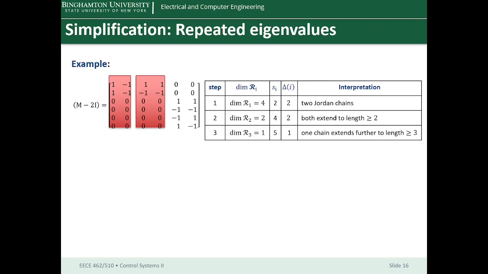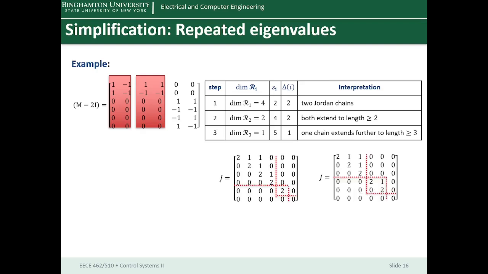By the rank nullity theorem, since the matrix is 6 by 6, the dimension of its null space, let's call it S1, is n minus 4, which in this case gives us S1 equal to 2. So the null space has dimension 2. That means the geometric multiplicity G is 2. Therefore, there are 2 linearly independent eigenvectors and consequently 2 Jordan chains or 2 Jordan blocks corresponding to lambda equal to 2.